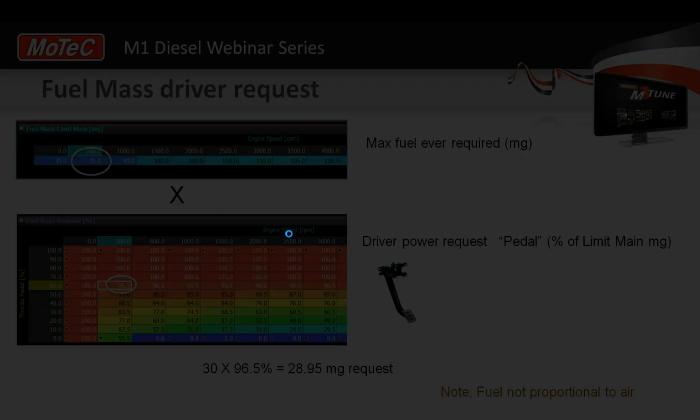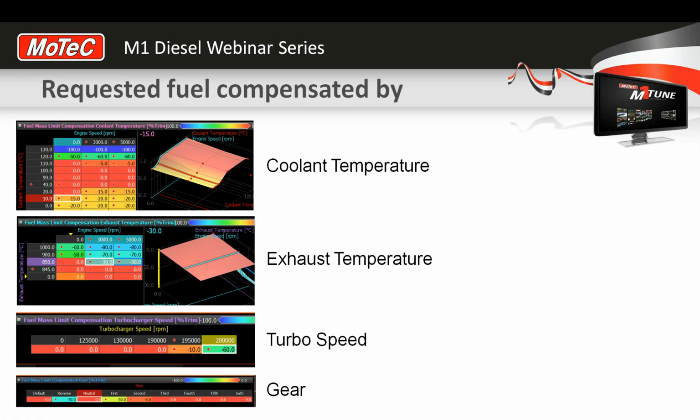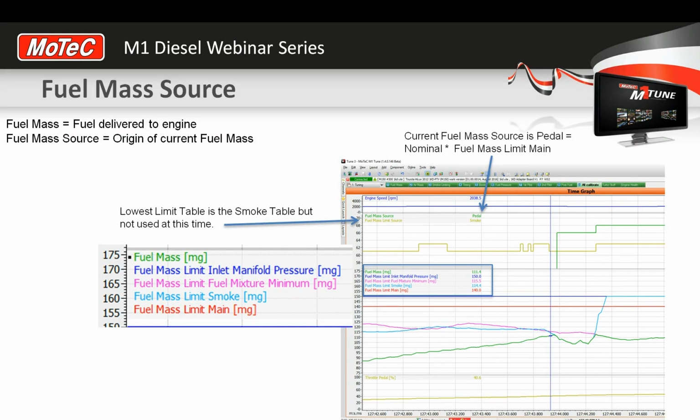Okay, so here we go. Currently the engine is being supplied by the fuel mass source, which is the pedal. So it's coming from the right hand side of our flow chart there. Alright, so that is something you can plot and see as a graph. So here it is captured on the software.